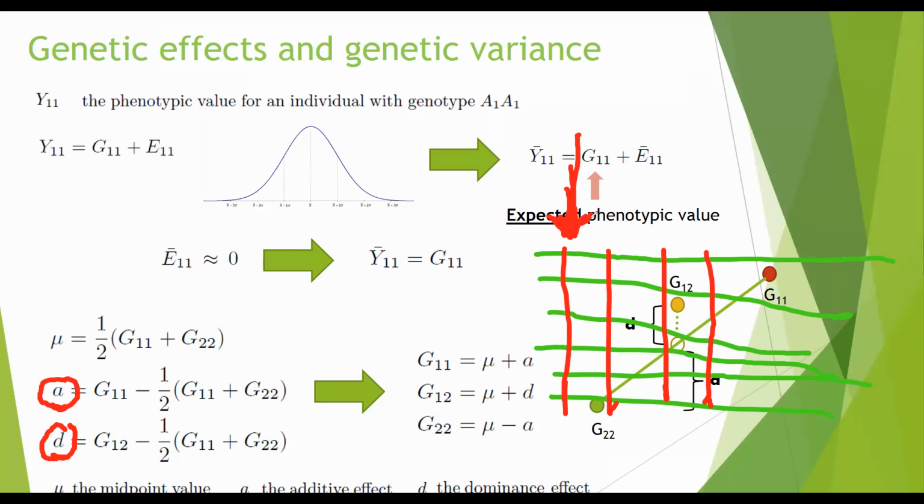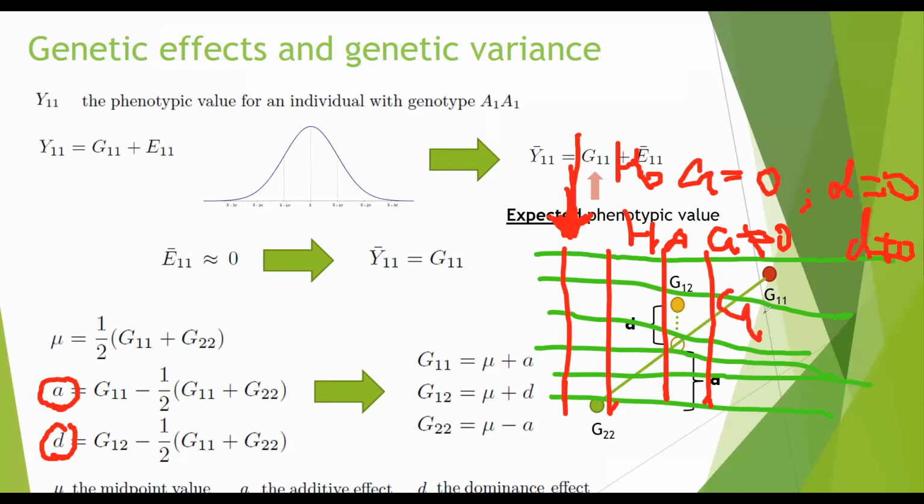I hope you still remember what we do in hypothesis testing, right? Suppose we want to test this locus, whether the additive effect equals 0, or whether the dominance effect equals 0. This is our null hypothesis, right? Of course, the alternative hypothesis means A is not equal to 0, D is not equal to 0, or A is not equal to 0 but D is equal to 0, something like this.